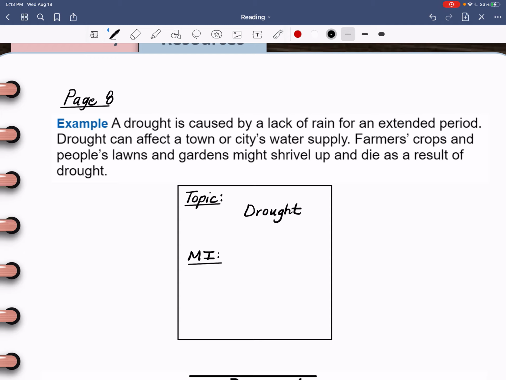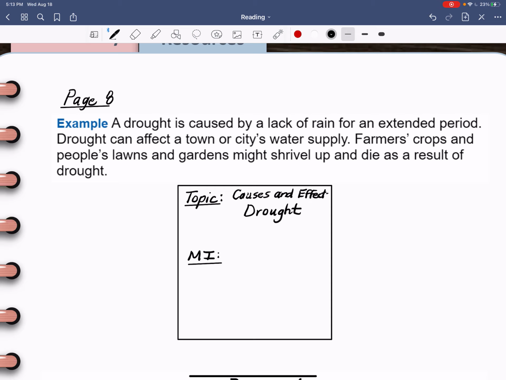It's the definition of a drought, or it tells us where a drought comes from. It tells us what happens as a result of a drought. So I'm going to just say that. The causes of drought and also the effects of drought.